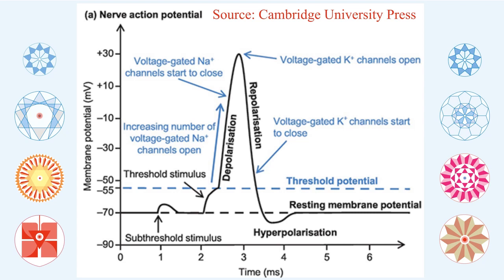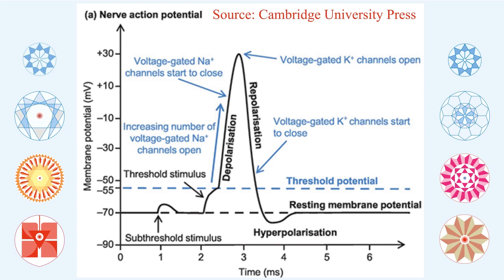But remember, sodium remains as such, only potassium is coming. And now it says voltage gated potassium channels start to close at a particular stage during the repolarization state. But it comes to a hyperpolarization stage and then comes to resting membrane potential again.